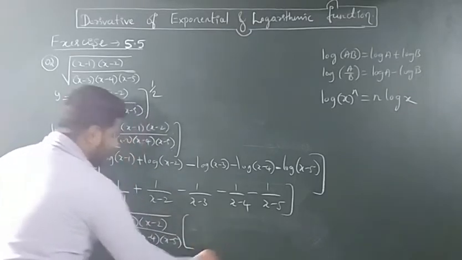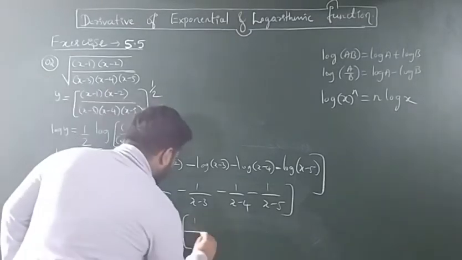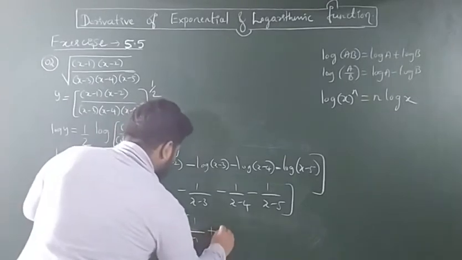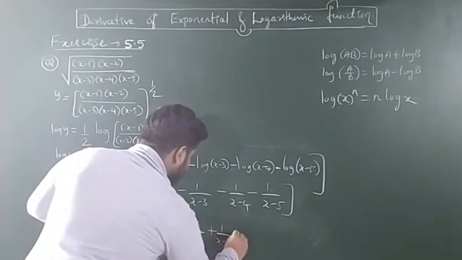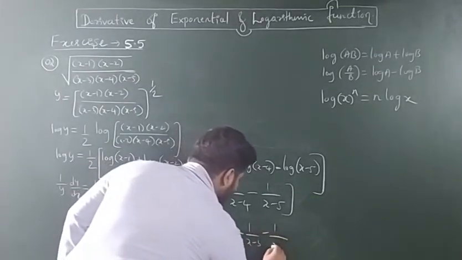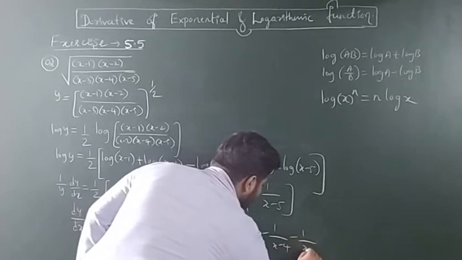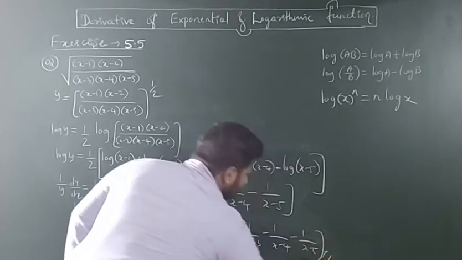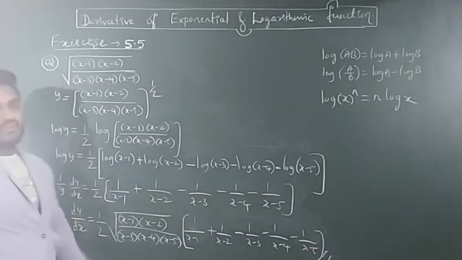After that, whatever is there, you write that: 1 divided by x minus 1 plus 1 divided by x minus 2 minus 1 divided by x minus 3, 1 divided by x minus 4 and 1 divided by x minus 5. So this is the final answer of this question.